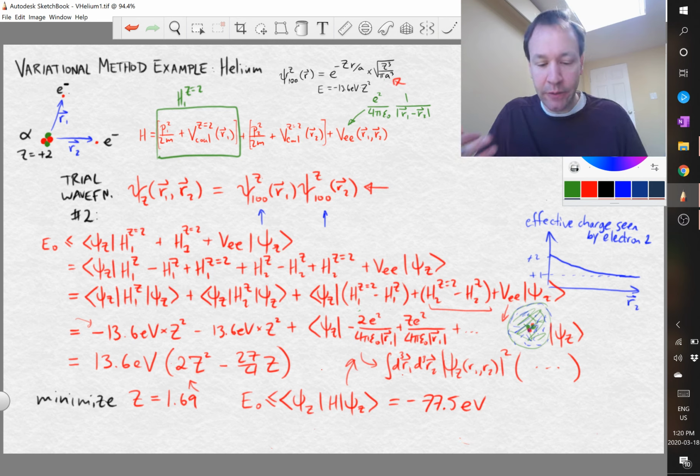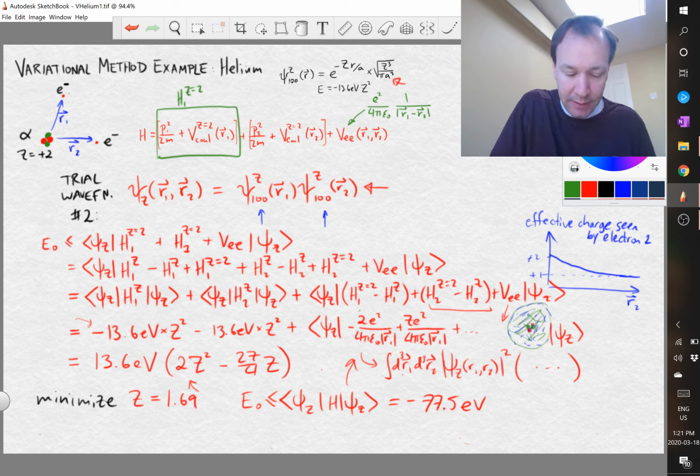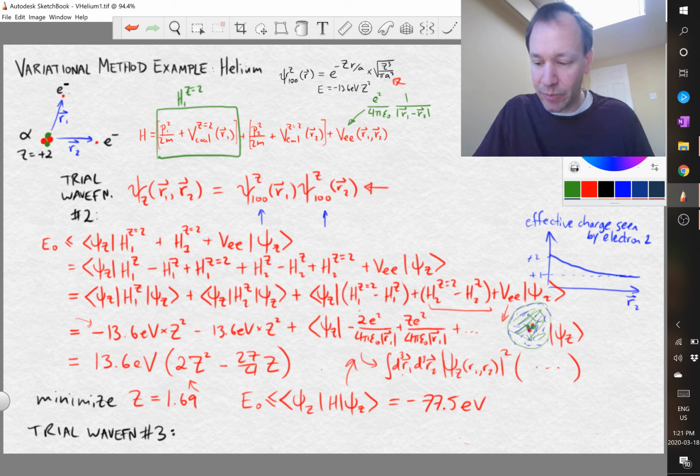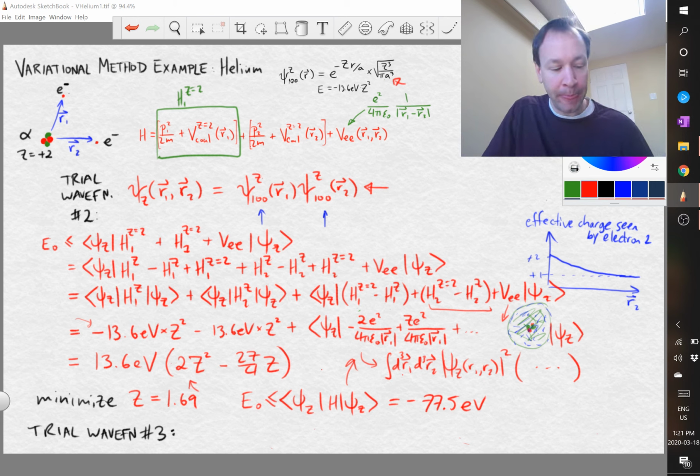And if we want to improve on that further, we could try something even more general. I'll just mention this because it's something that I worked out last year and I thought it was pretty interesting. I was thinking, what would be an improvement on that wave function?